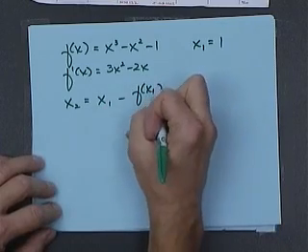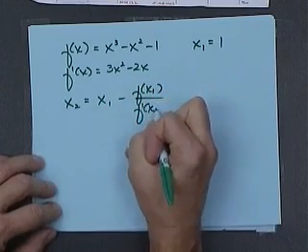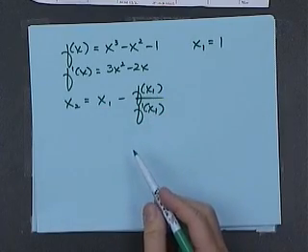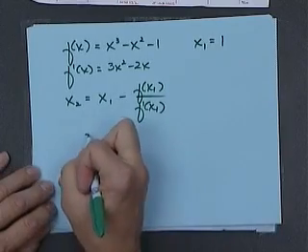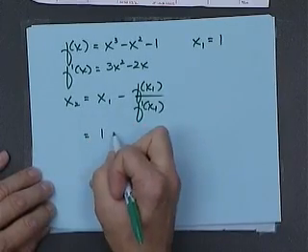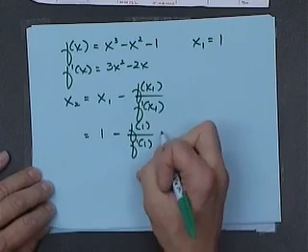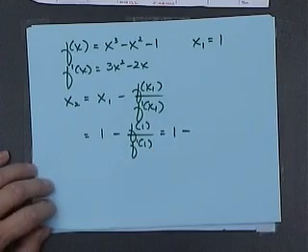What's the rest of this? f of x1 over f prime of x1. So I would kind of have that memorized for Friday's test. So we're looking for x2, so it's x1, which is 1, the function at 1 over the derivative at 1. What's the function at 1?